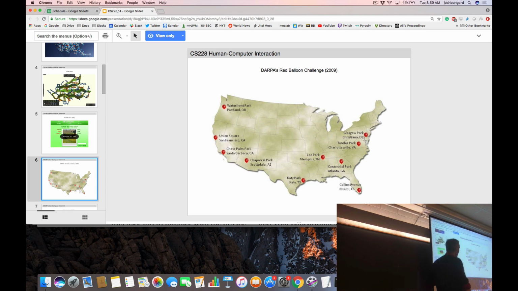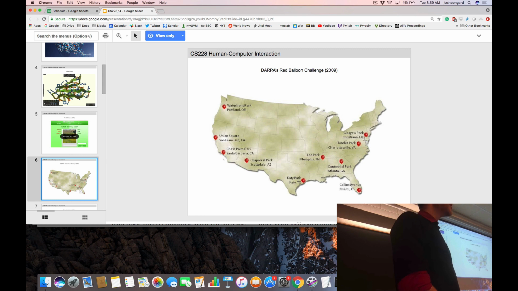In this case, on a particular day in 2009, DARPA put up 10 10-foot balloons, and they placed them at 10 undisclosed locations in the continental United States. This is where they were actually deployed. DARPA advertised that they were going to do this 1 month before they launched the balloons.